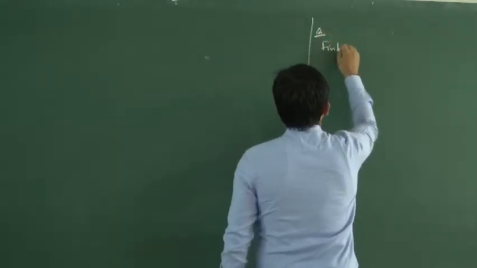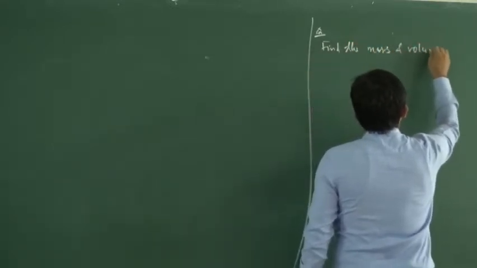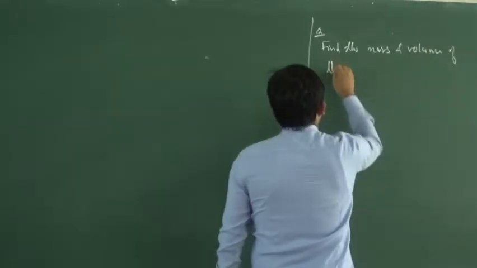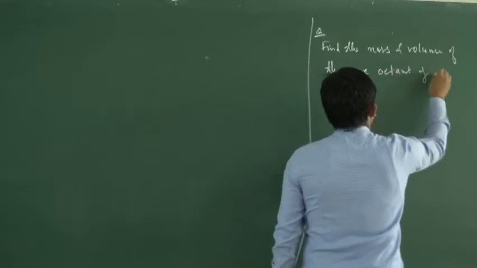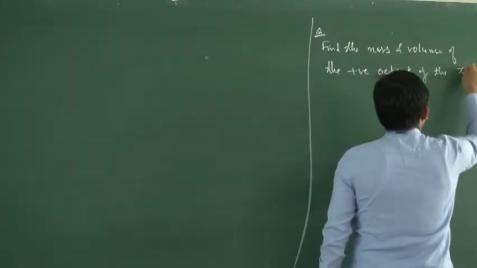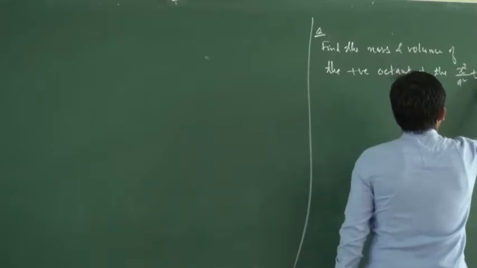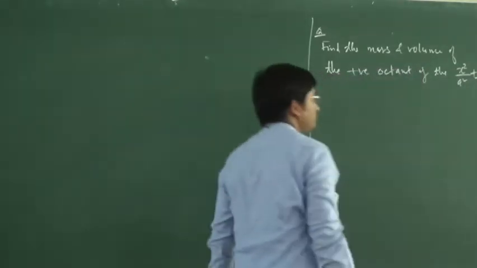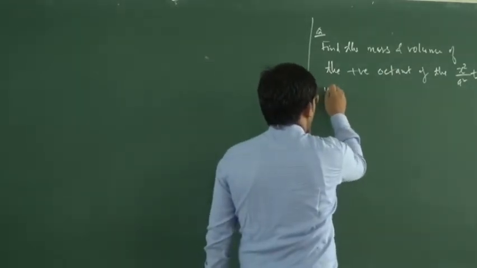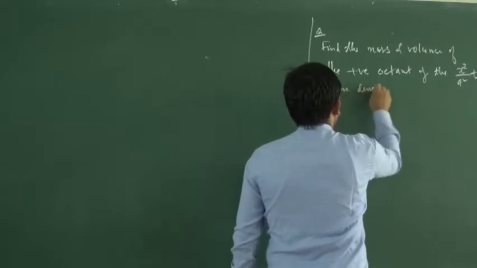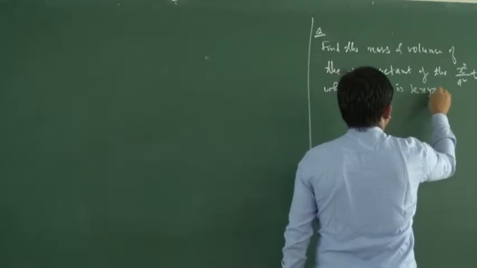Find the mass and volume of the positive octant of the ellipsoid x square upon a square plus y square upon b square plus z square upon c square equal to 1, for which the density is equal to kxyz.